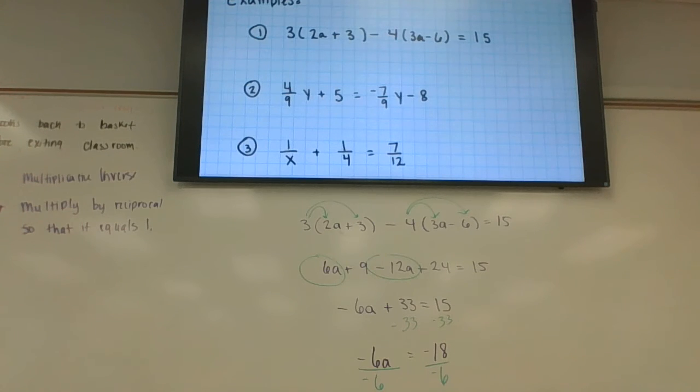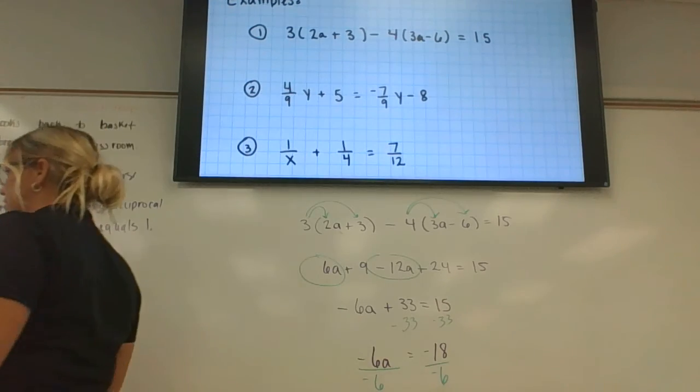Common denominator if necessary. Not doing decimals here. After you simplify the left and right side completely, you're going to bring the variable to one side of the equal sign. Move that variable first.